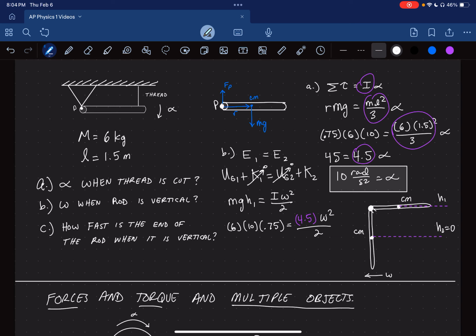And it's simply solving for omega. 6 times 10 times 0.75 is 45. 45 times 2, and then divided by 4.5. But that's not over. We need to square root it, which is 4.47 radians per second is equal to omega.